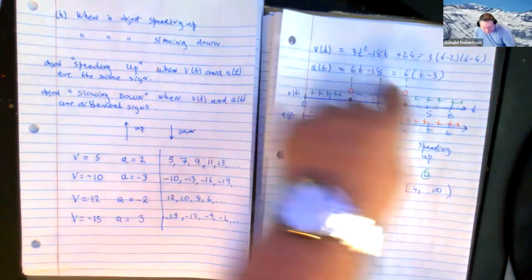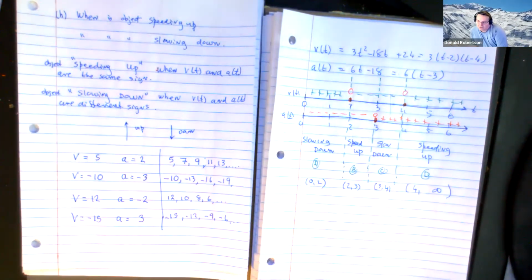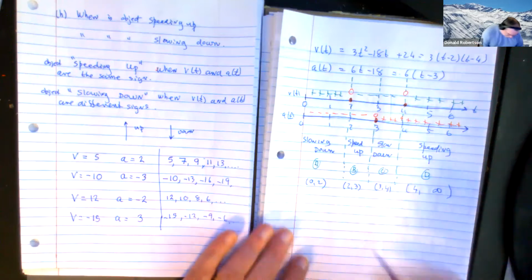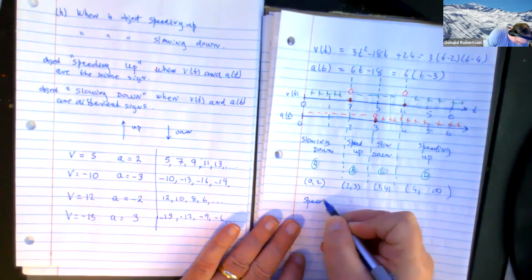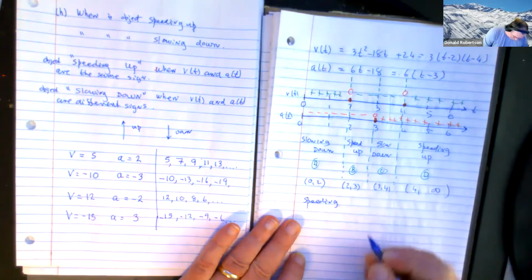Can you see, although that diagram is kind of messy to do, doesn't it tell you what you need to know? Because if you tried it any other way, I'm not quite sure how successful it would be. So it does involve a bit of work, but now I know everything I need to know. So the question went and said, when is it speeding up? Well, it's speeding up in two intervals.